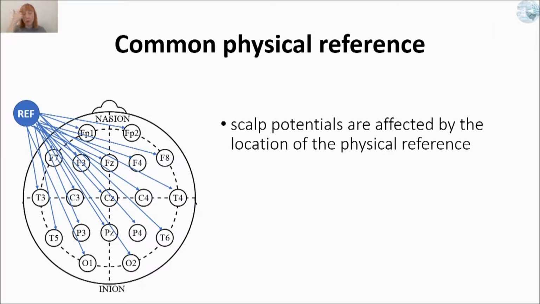First of all, when we say potentials, we actually mean potential differences between each channel and a common physical reference site. So, skull potentials are always affected by the location of the physical reference because in our body there are no neutral reference sites.